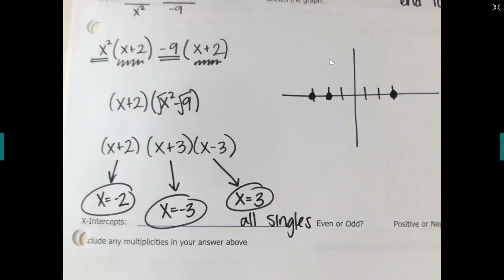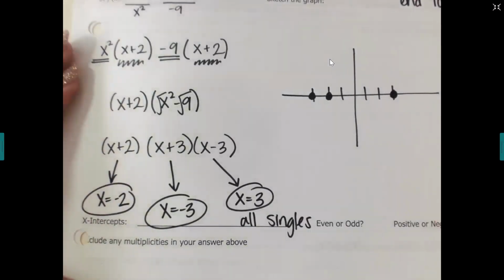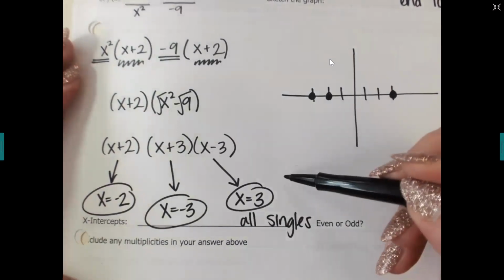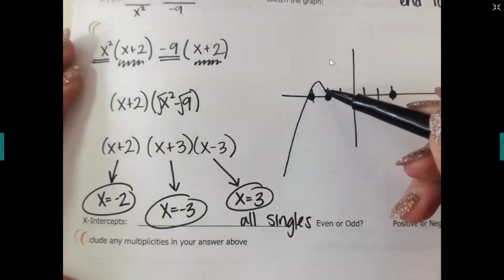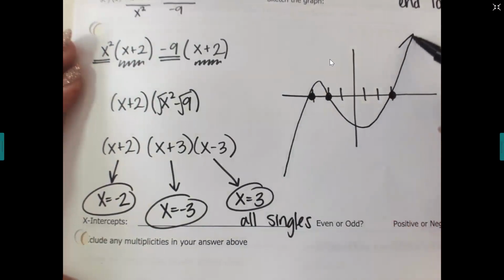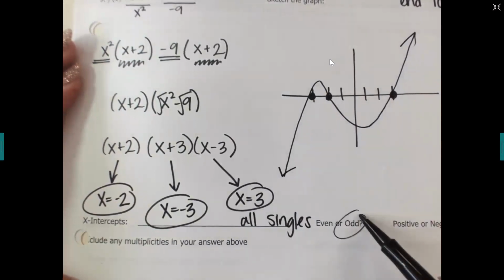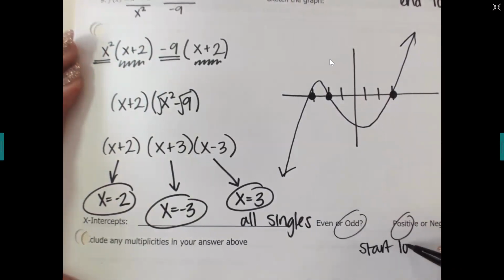So it's going to start low and end high. And all of them are passes, right? So that means I'm going to pass through. So it's an odd positive, which means start low and end high.